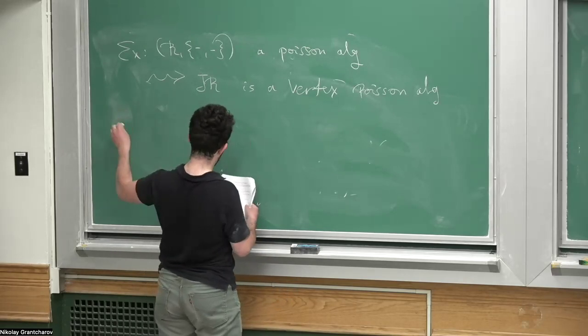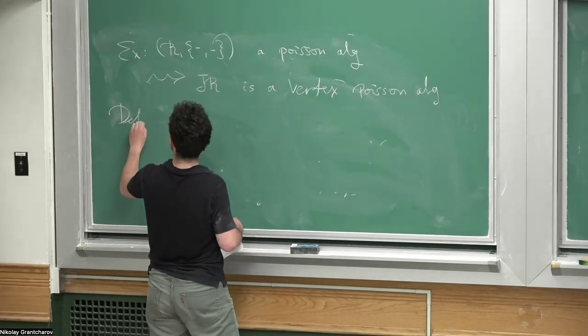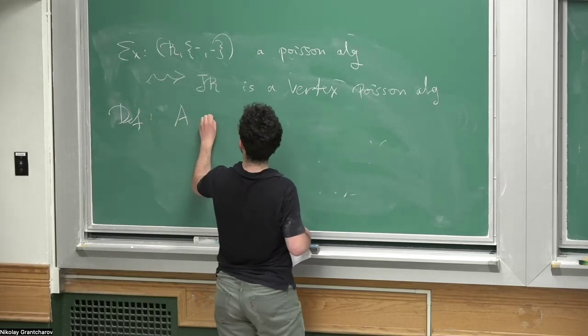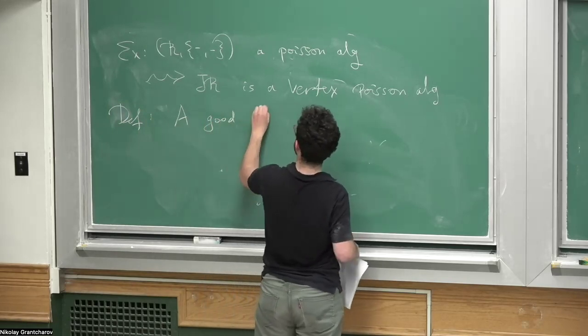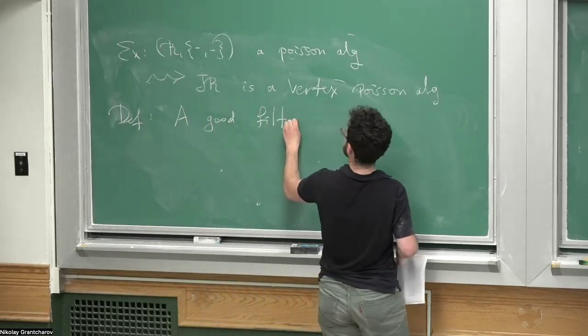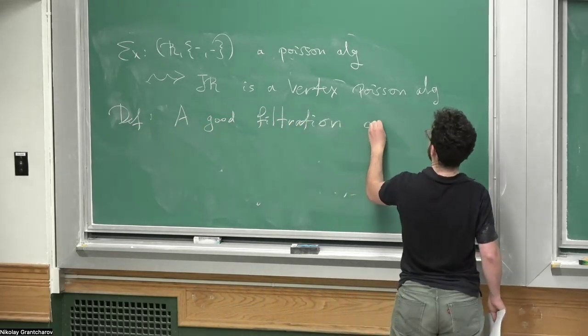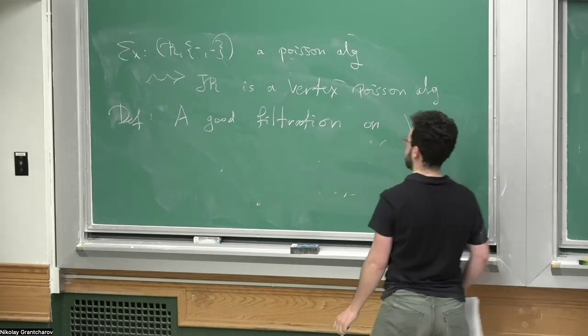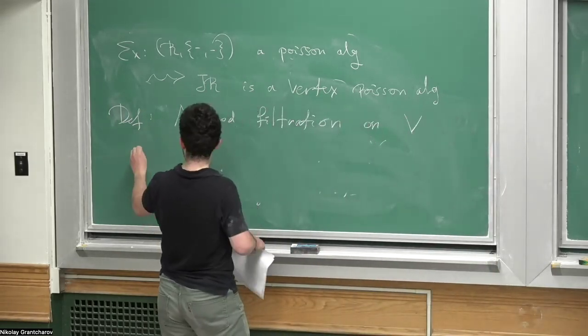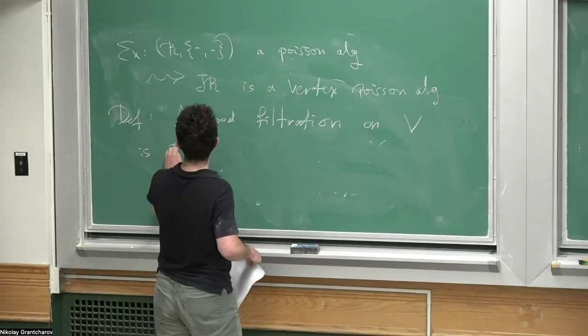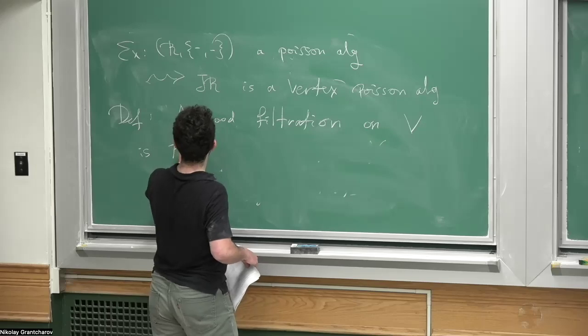So here is the analog. Definition: a good filtration, in this case an increasing filtration on a vertex operator algebra V. Of course, we have an increasing filtration on the underlying vector space.